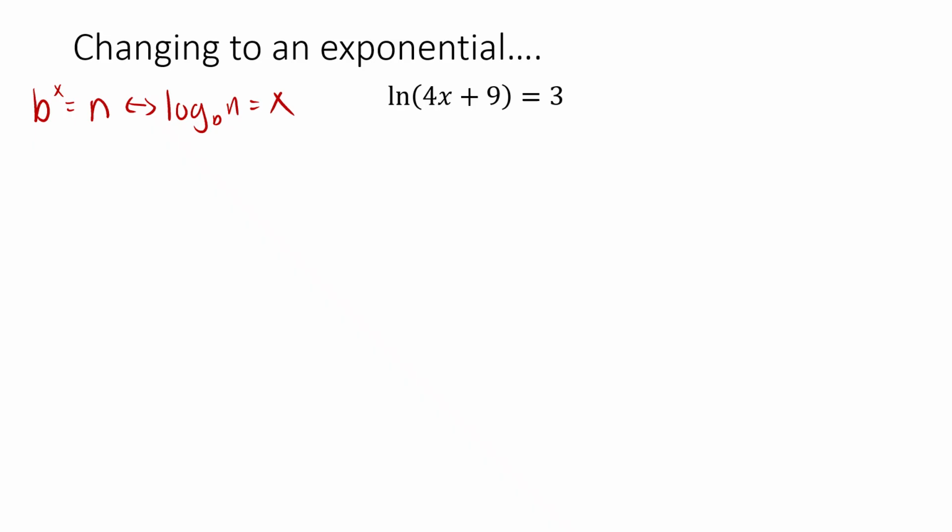And then we remember that the natural log is log base e, and that is intended simply to change the form of the notation so that these two match. So the way you've got this written matches the way it's written over here, so that you can clearly see what the b is. And now we're going to change the form over. So we're going to have b to the x equals n, e to the third equals 4x plus 9.